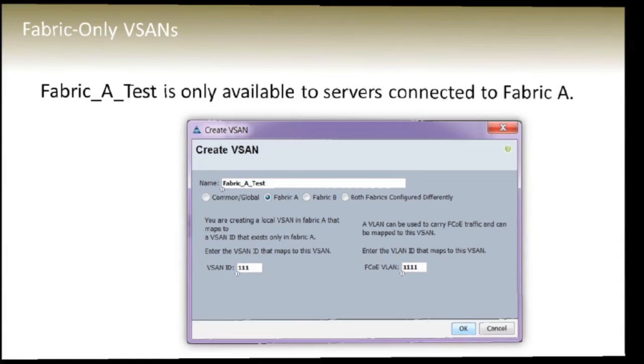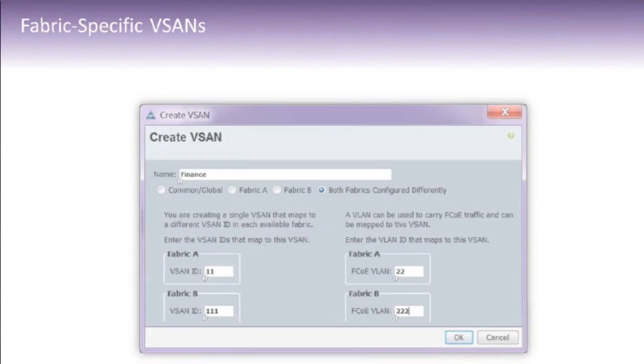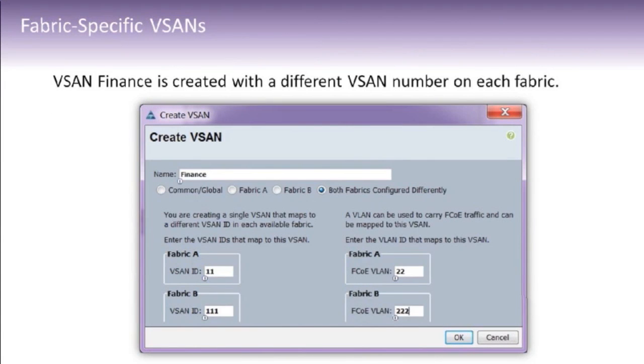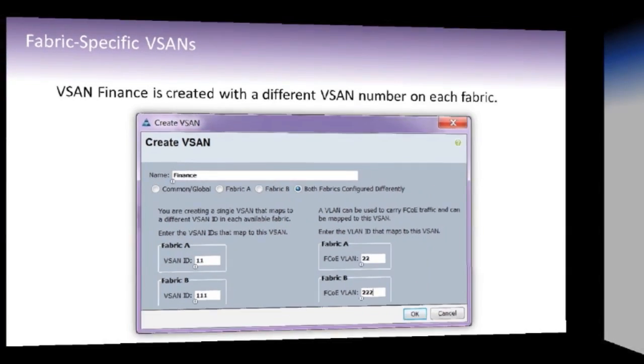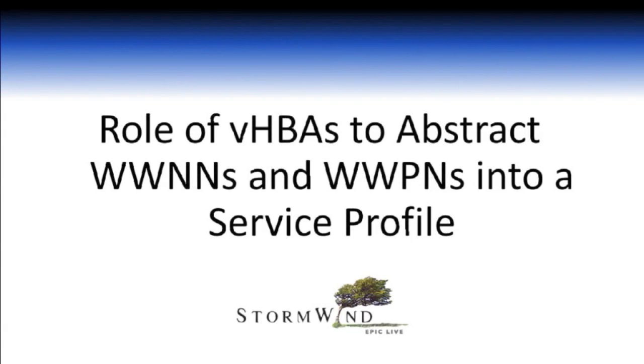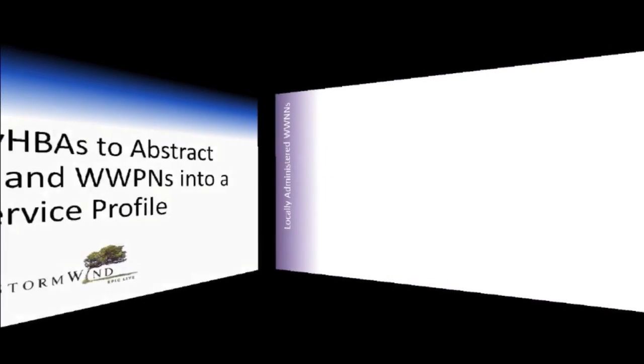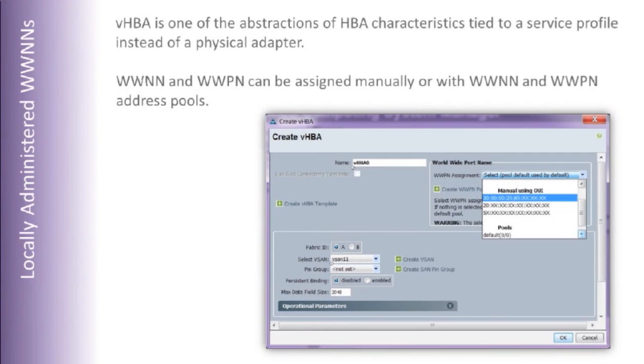Now, just like with our virtual local area networks and the virtualization here, we were concerned about MAC addresses. Our virtual host bus adapters need an abstraction of worldwide network names and worldwide port names. And in Chapter 6, we're going to see how we can accommodate that.